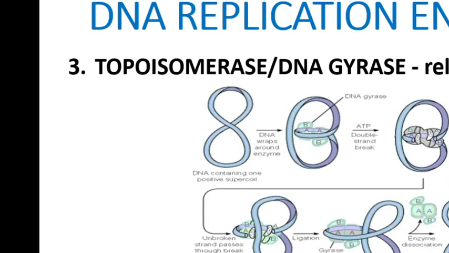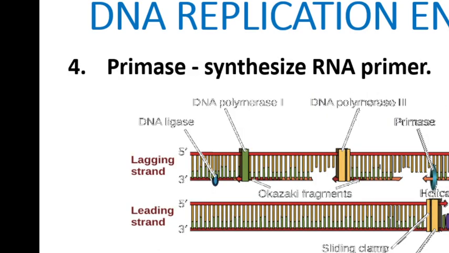Okay, so next we have your primase, or literally your RNA primase. By the word primase, it is the one that would give you your RNA primer. You will learn that in this RNA primer, we are going to derive now your messenger RNA. This RNA primer is responsible for giving the complementary base to your DNA.